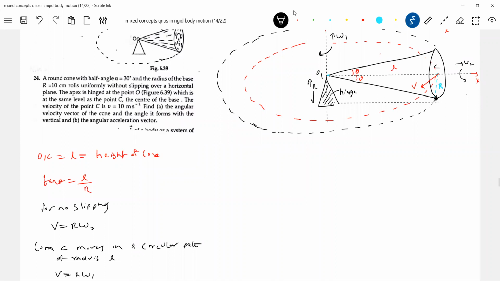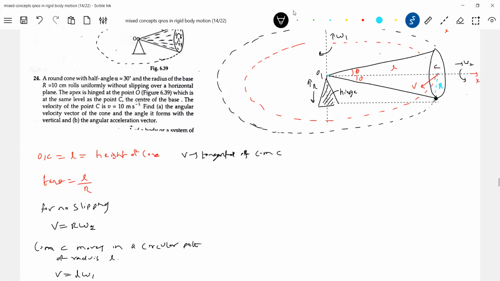I think this is the crucial part of the problem. If you are able to break down this much: what is V? Finally, V is the tangential velocity of the center of mass C, and that V is related to both omega 2 and omega 1 by this condition.